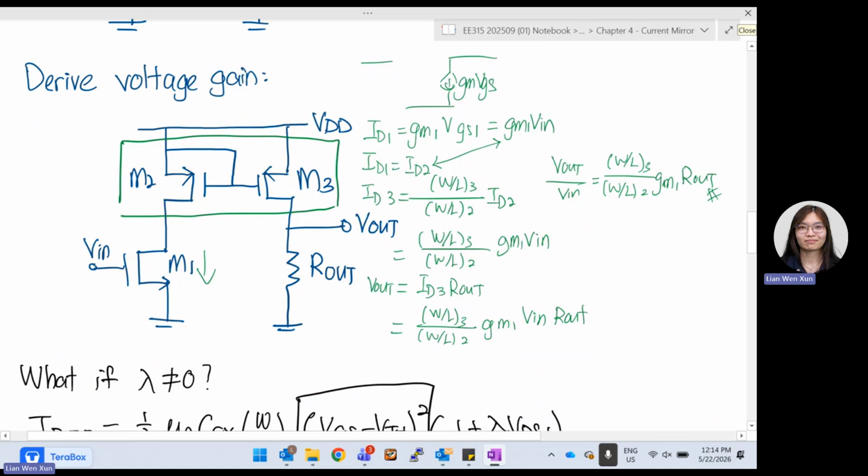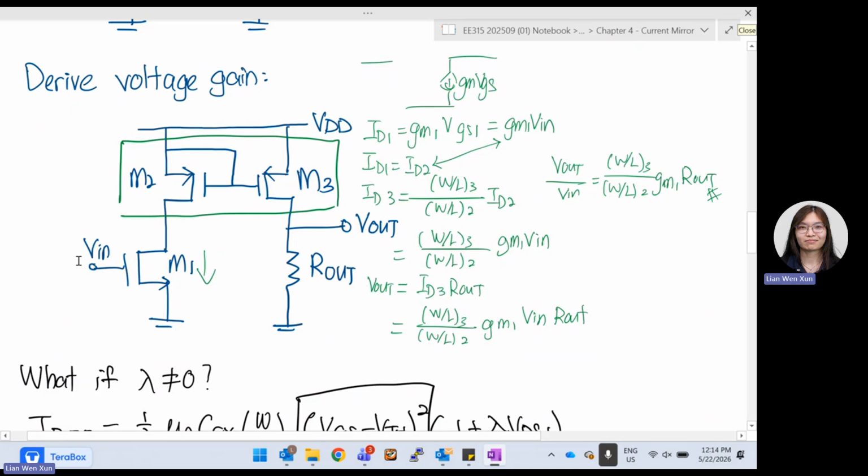So we can say that ID1 is equal to ID2. ID1, as in the current flowing at the left, is equal to the current flowing at M1, which is equal to the current flowing at M2. And then the current is actually your gm Vgs. When there's a transistor, it is possible to be a current source.